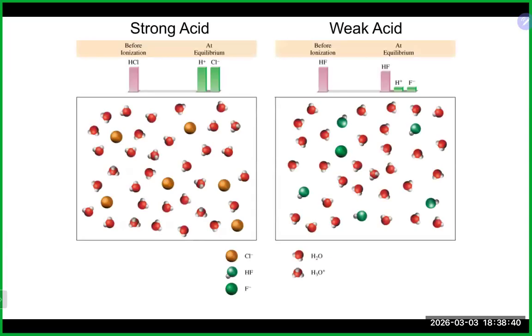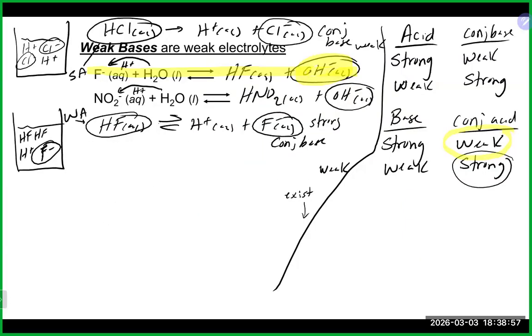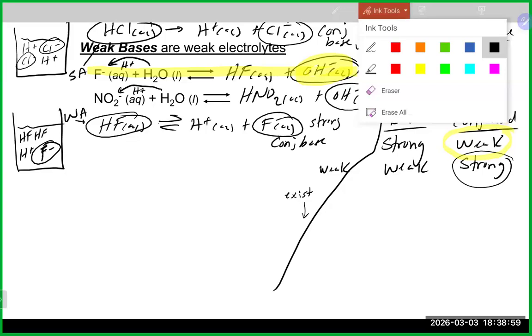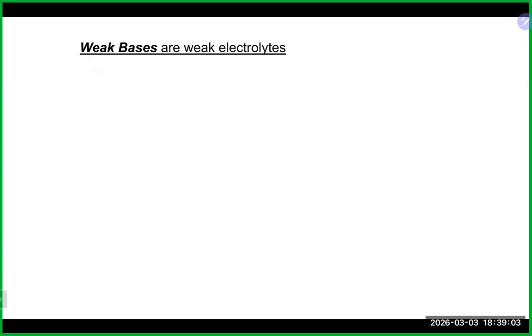Now, when we have a strong acid versus a weak acid, and we want to know the pH of a solution, if you are given the concentration of a strong acid or a strong base, you can figure out the pH of that solution by thinking about what you need to calculate that.